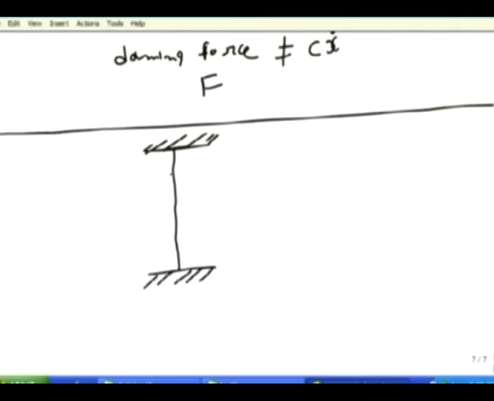This is a, and here you put a mass m at the middle. Taut string.